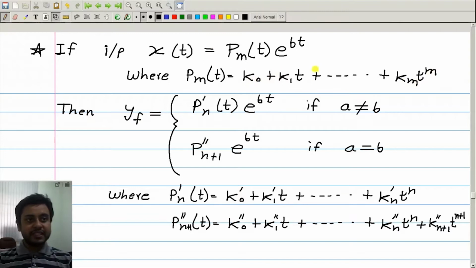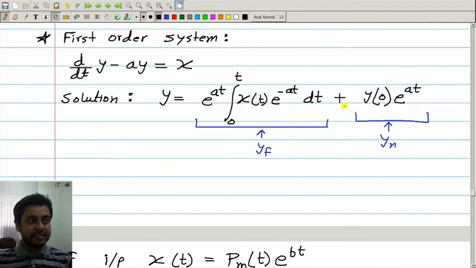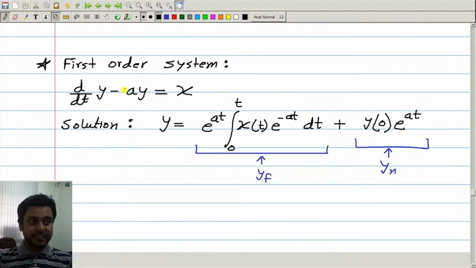So this is the input, and then the forced response will be a polynomial of degree m multiplied by e to the power bt, provided b and a are not equal. b is the exponent in the input and a is this coefficient in the system equation.